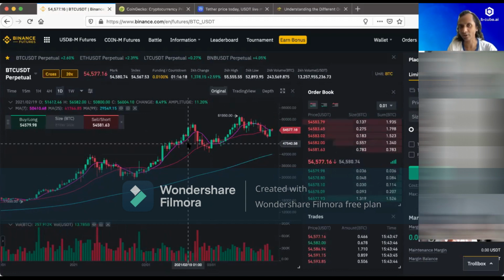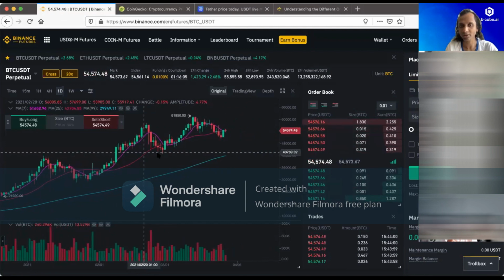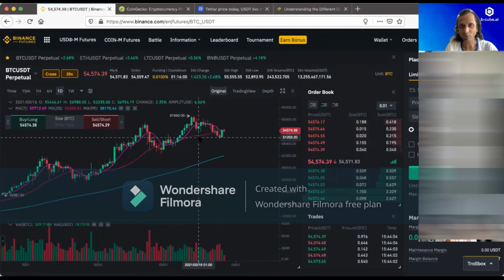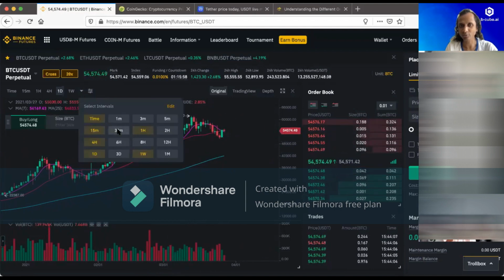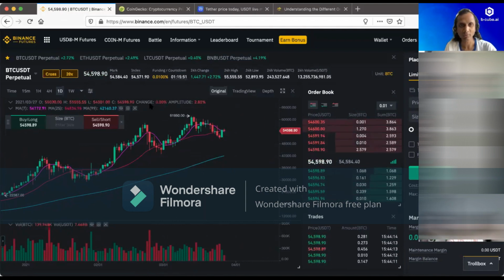Whenever it comes down to this price of 47,540, you can expect some bounce from those levels as well. 42,000 will be the worst, but beyond that, I don't think it's going to happen anytime soon. So this is how you make some small analysis, but of course this is very basic analysis, and there is much more you need to do, but this will at least give you some basic picture for you to handle yourself.